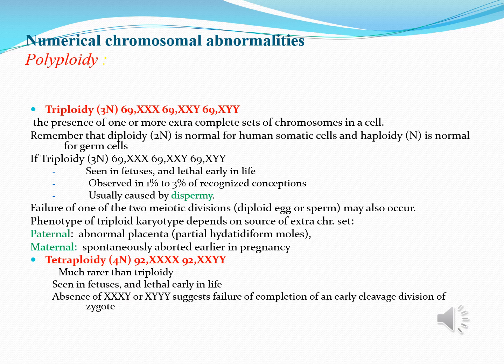Maternal triploidy, where the extra set comes from the mother, is spontaneously aborted earlier in pregnancy, usually in the first trimester. This parent of origin effect reflects genomic imprinting: genes expressed differently depending on whether they came from mother or father.